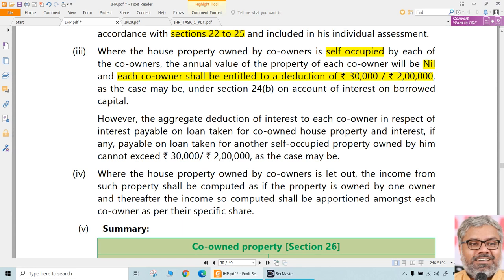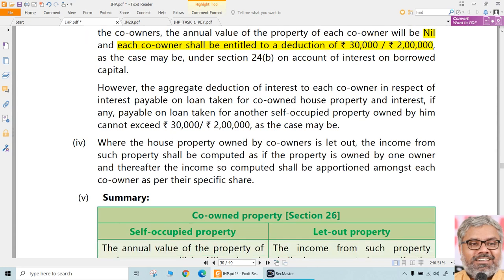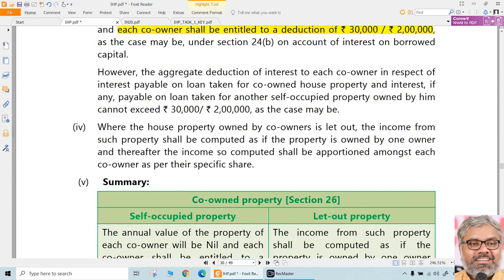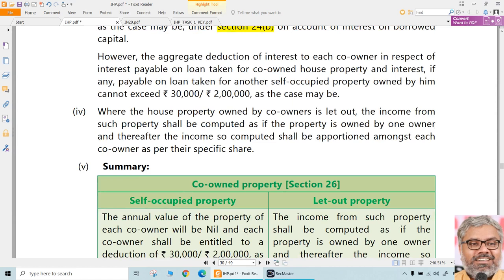If there are two owners for the same property with an ascertainable split of their share, each of the owners shall be entitled to 2 lakhs rupees or 30,000 rupees under 24B, as the case may be. Of course, the aggregate amount of deduction cannot exceed 30,000 or 2 lakhs, that we know individually.